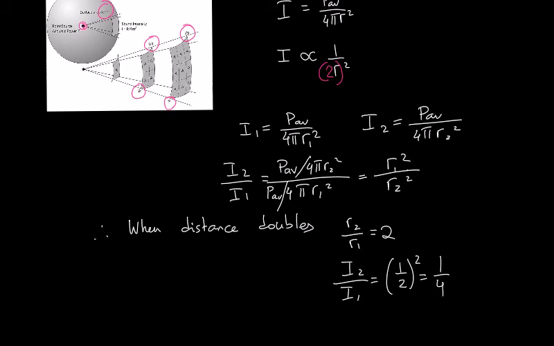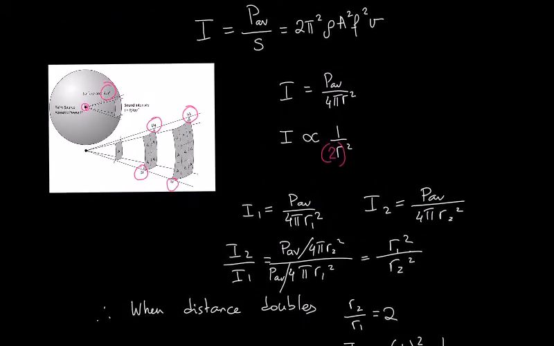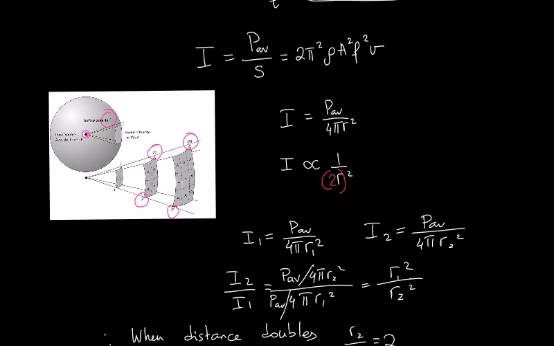The amplitude of a wave also decreases with distance, since the intensity is proportional to the square of amplitude. You can see our intensity is proportional to the amplitude squared, so as the intensity decreases, amplitude also decreases.